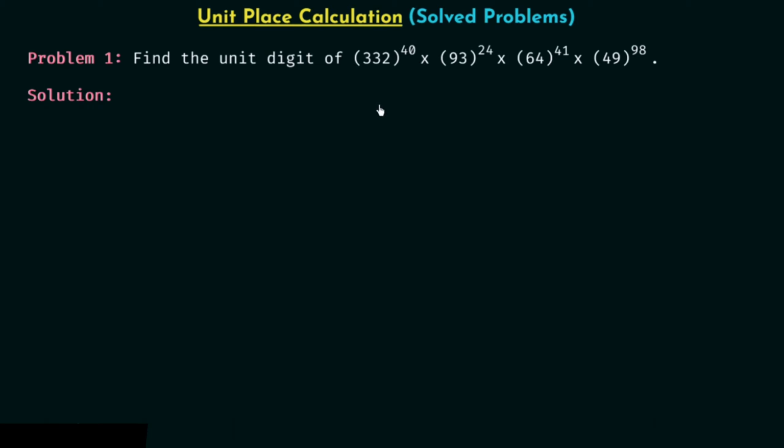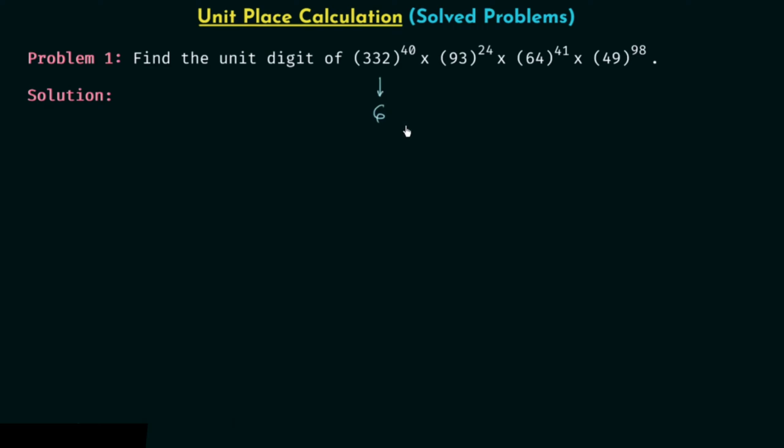When 40 is divided by 4, we get 0 as the remainder. So we can write 332 raised to power 40 as 2 raised to power the remainder, which is 0. And we know 2 raised to power 0 will give us 6 at the unit place. So we are getting 6 from this power at the unit place.